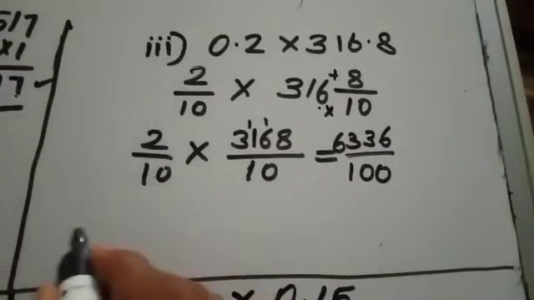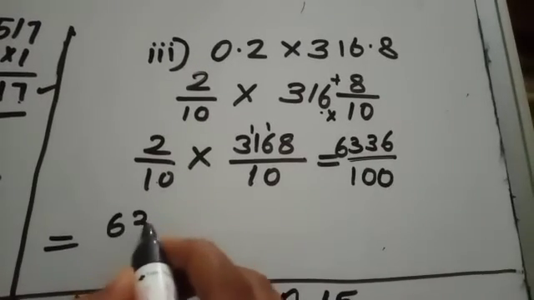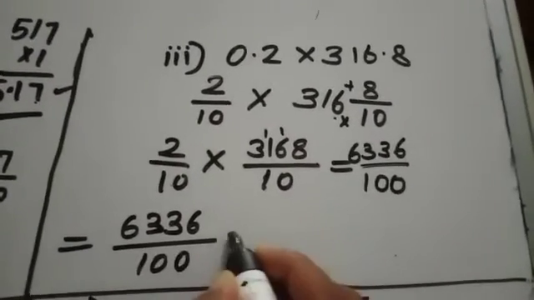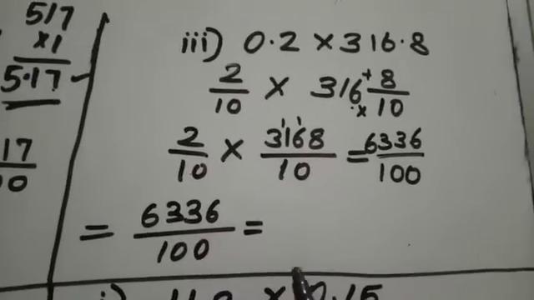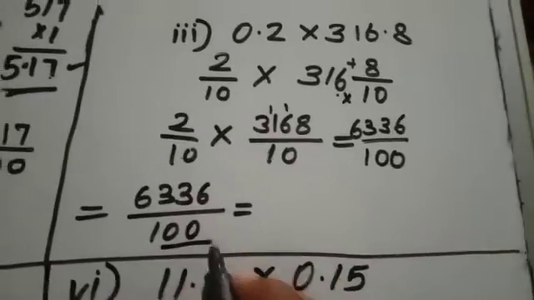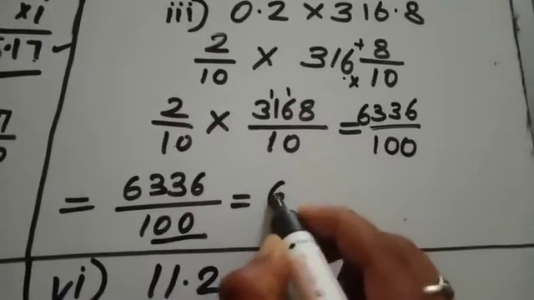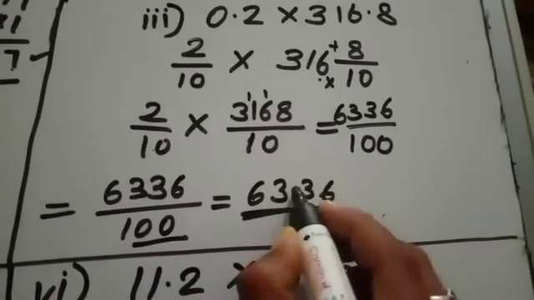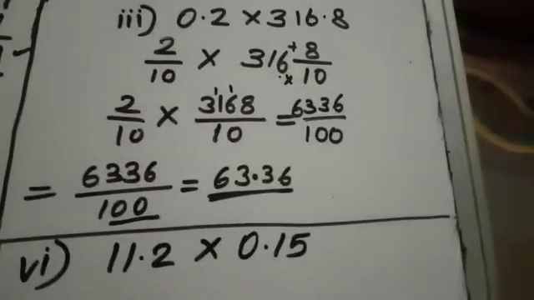Now 6336 upon 100, if you divide, you will get the decimal. But you can do it in this way also, as we have double zero, so you move 2 places towards the right side, then you can put the decimal point.